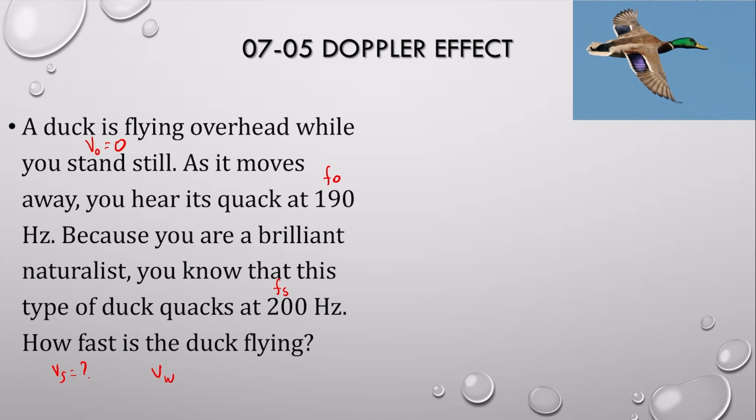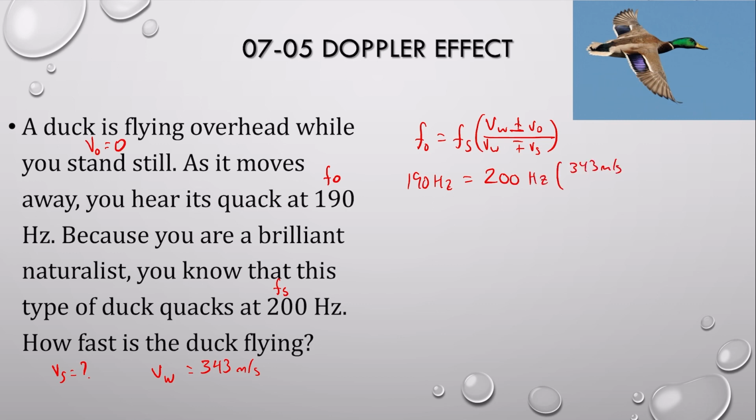We also need the velocity of the wave. They didn't say anything, so if they don't tell you, the speed of sound in air is 343. So you have f_o equals f_s times (v_w plus or minus v_o) over (v_w minus or plus v_s). We observe 190, the source should be 200, and the speed of the wave is 343 or close to that.